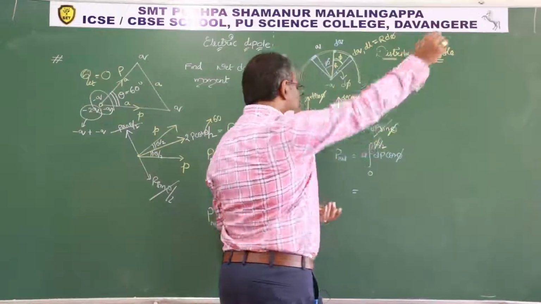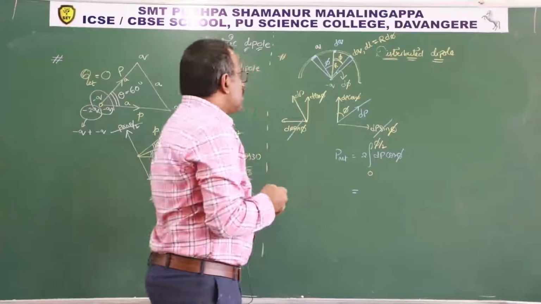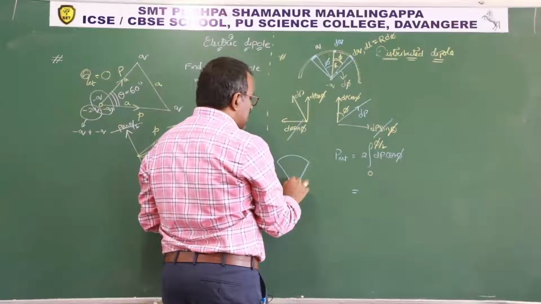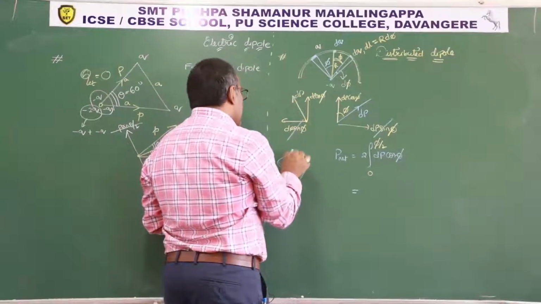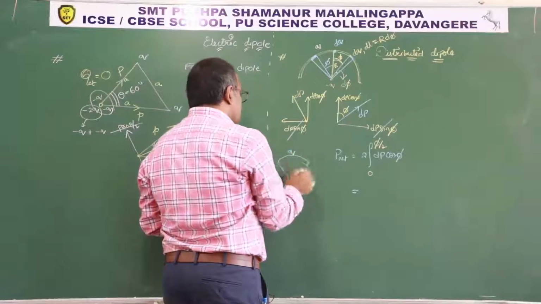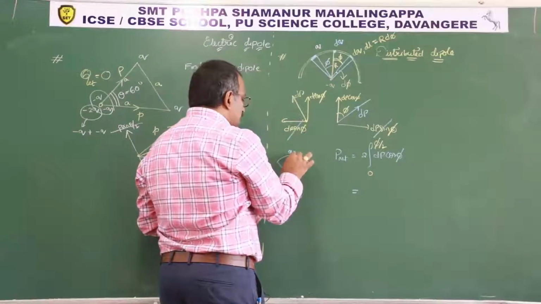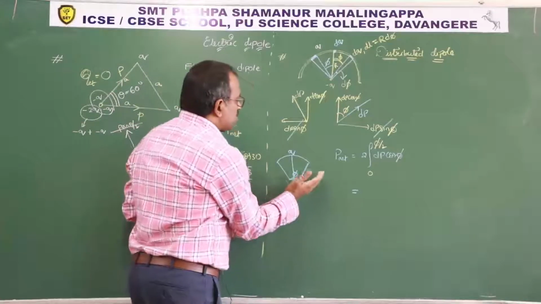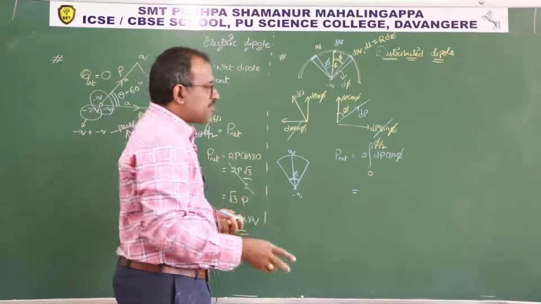Now see, if I take an arc like this for your better understanding, if this angle is phi, if this is q, if this is minus q, and I divide it into 2 segments, so that this side is phi by 2 and this side is phi by 2, that is my idea.